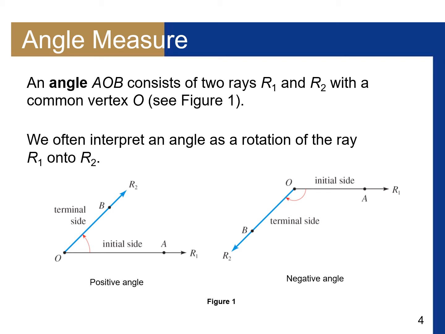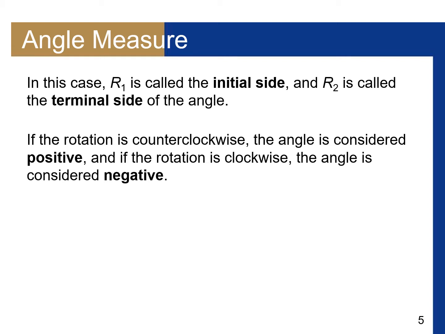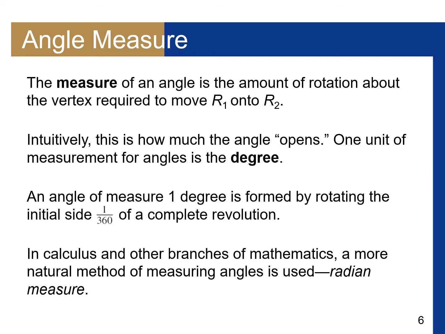The positive and negative are once again directional. R1 is called the initial side, R2 is called the terminal side. If the rotation is counterclockwise, the angle is considered positive. If the rotation is clockwise, the angle is considered negative.